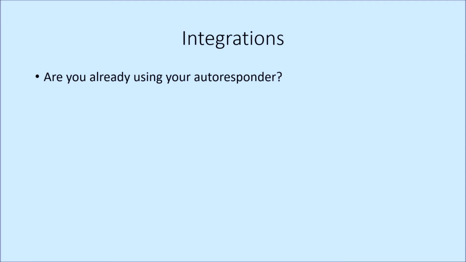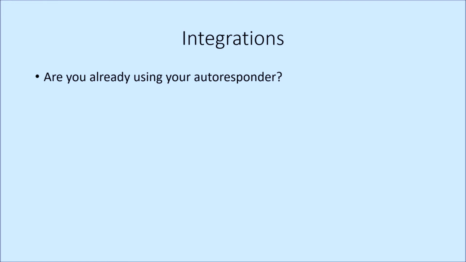The starting point to start thinking about whether you are going to use certain integrations is, are you using your autoresponder right now? If you are actively emailing your list and they have gotten used to you using an autoresponder, that's really the starting point, because you don't need to give up your email autoresponder if you're already developing a reputation with some of the email inboxes.